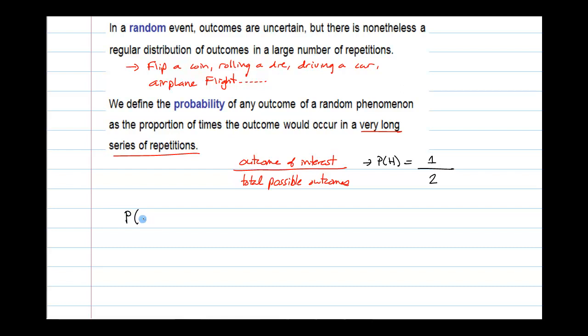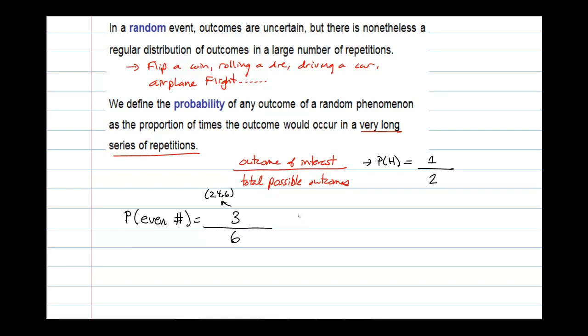I could look at the probability of getting an even number when I roll a die. The total number of outcomes when I roll a die is 6, so again, the total number of possible outcomes. And then even numbers are 2, 4, and 6, so I get 3 out of 6. Because I have 2, 4, and 6 in something called the sample space that we'll talk about shortly, I get 3/6, 1/2, 50%.